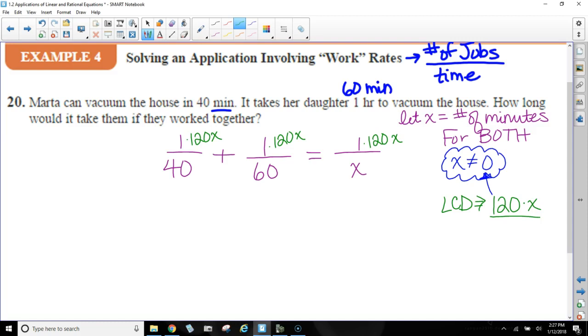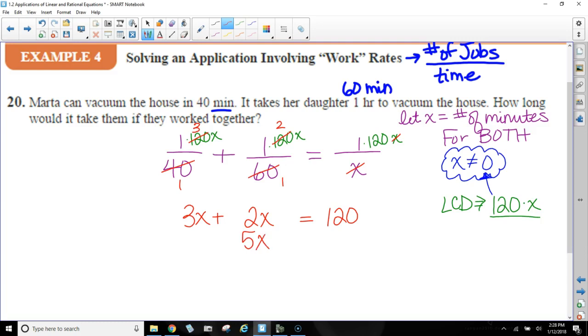Now, when we reduce, 40 will go into 40 one time, and into 120 3 times. So we have 3x plus, reducing here, 60 will go into 60 once, and into 120 2 times. So we have remaining 1 times 2 times x, or 2x, equals, here the x is reduced, 1 times 120 is 120.